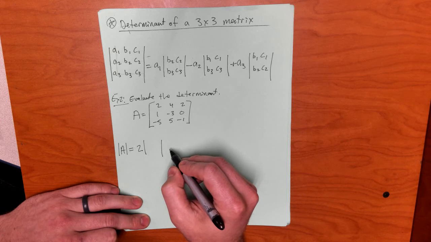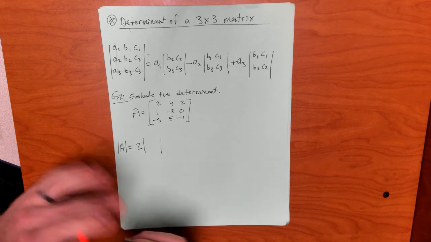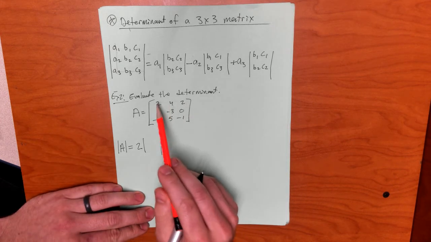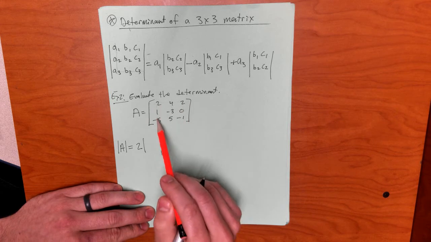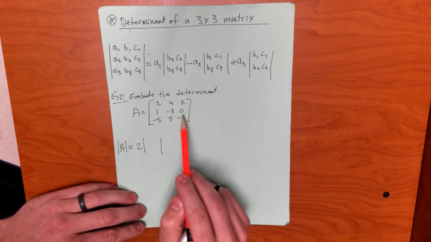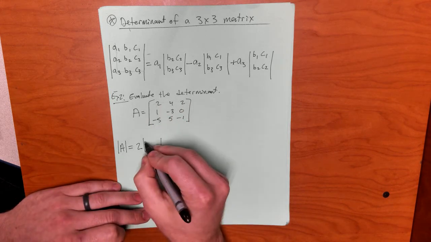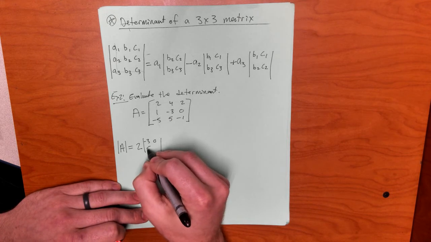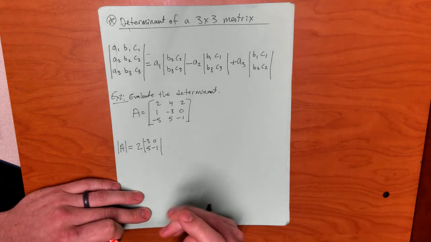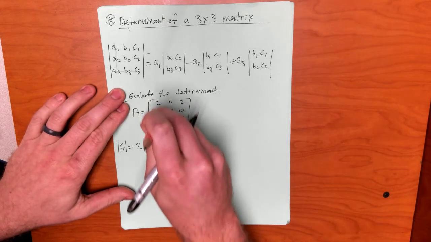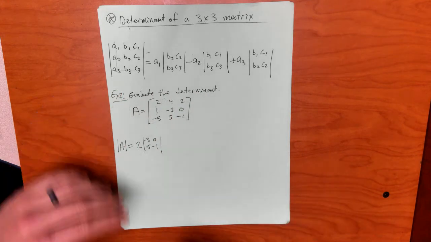And then, this 2, I can mark out the row that it's in and the column that it's in, and I'm left with this little determinant here. All right, and then you can erase these and go back.